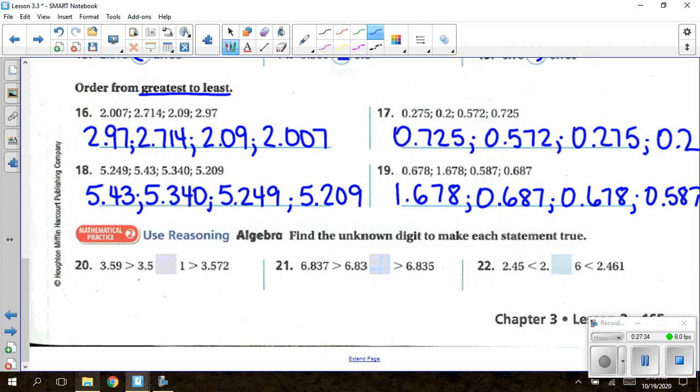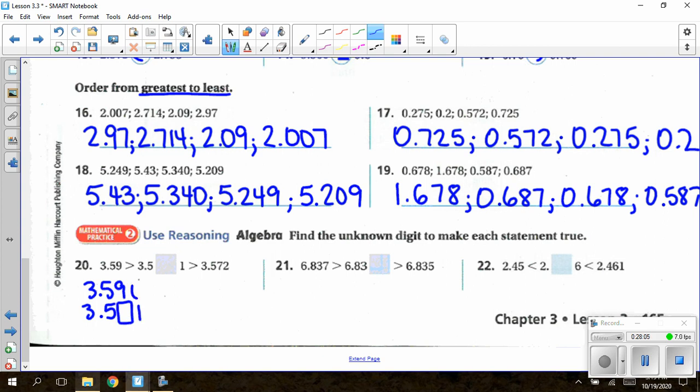If you ever had to find unknown digits from numbers that are being compared, this is actually not very difficult. It might be best if you do line your decimals up. So if you notice that our first number for number 20 is 3 and 59 hundredths, then we would have 3 and 5, and then notice there is a missing blank, and then a 1 in the thousandths place.